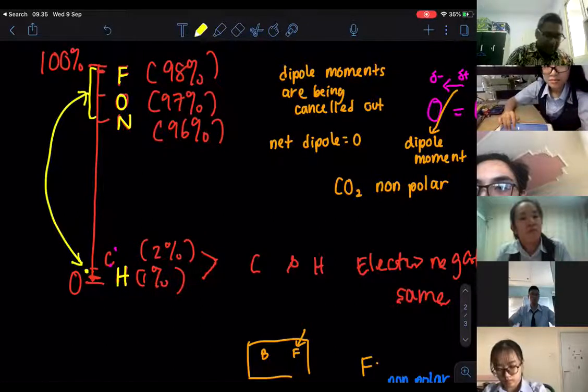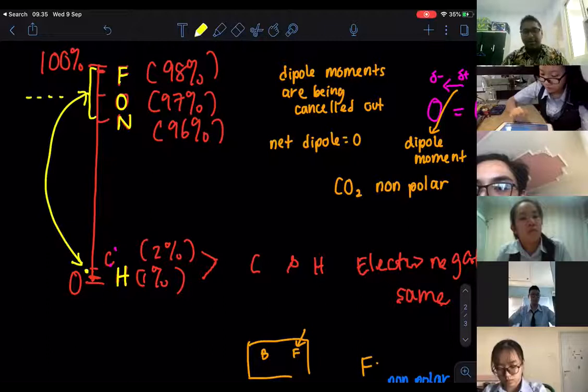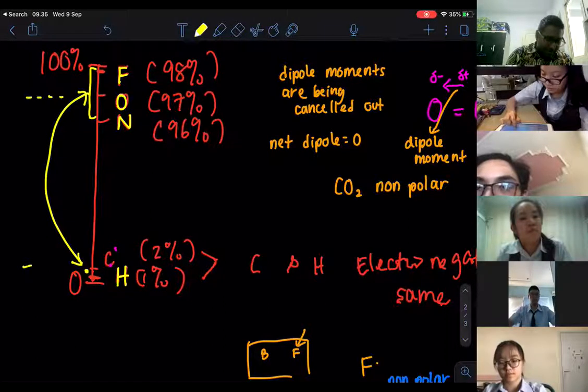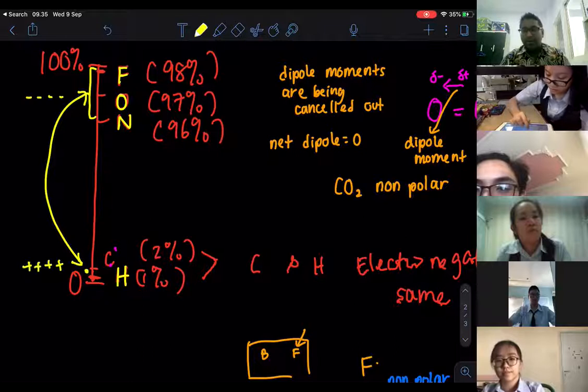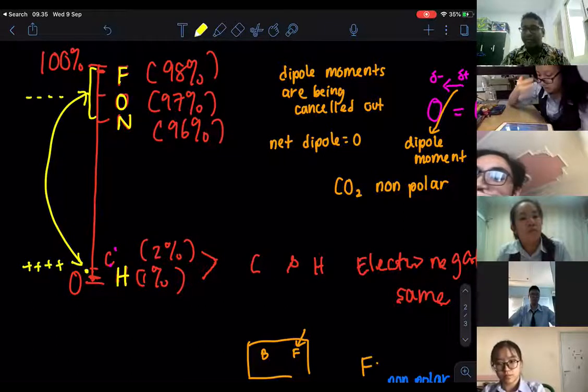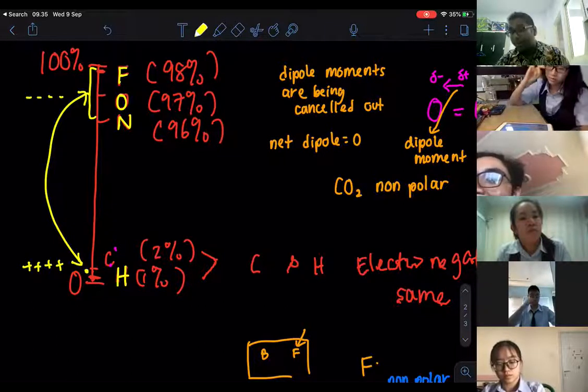Why? This is very much electronegative, and this is very much electropositive. Of course, the bonding between them must be very, very strong compared to the other types of permanent dipole-dipole.